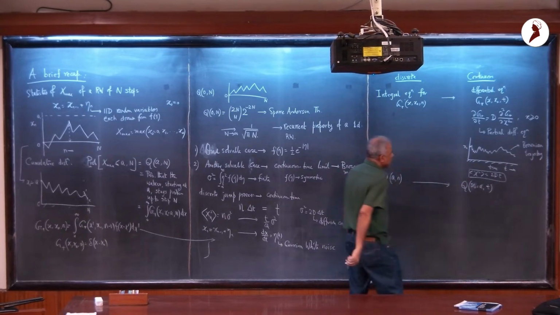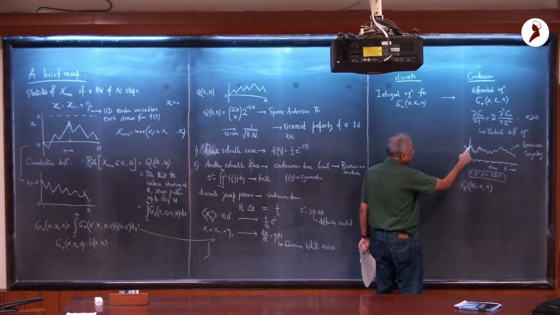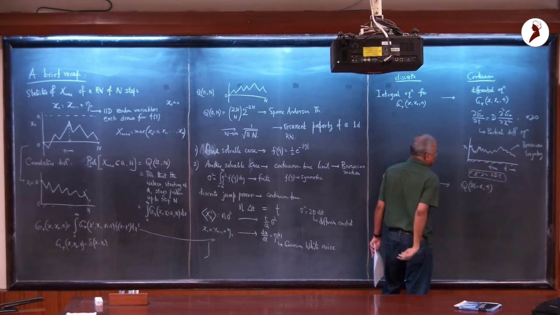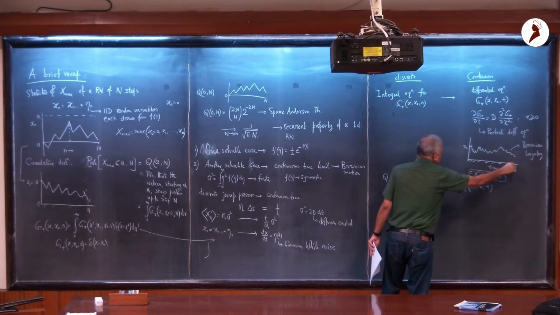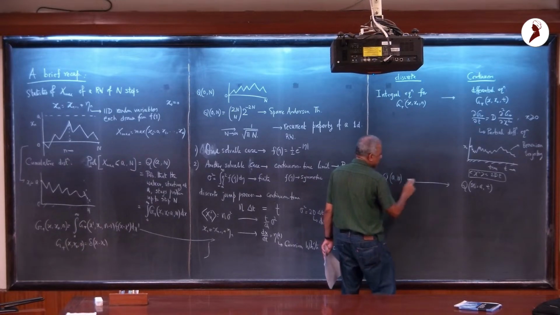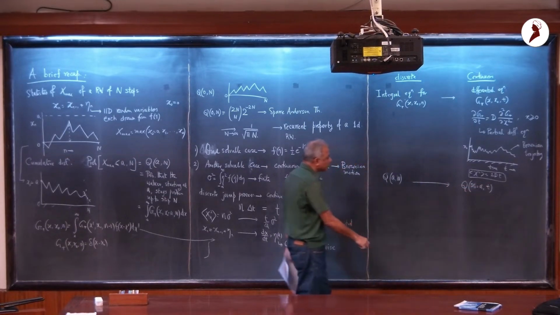So this is the survival probability of the particle. That means, starting at x0, what is the probability that the Brownian walker stays positive up to time t.